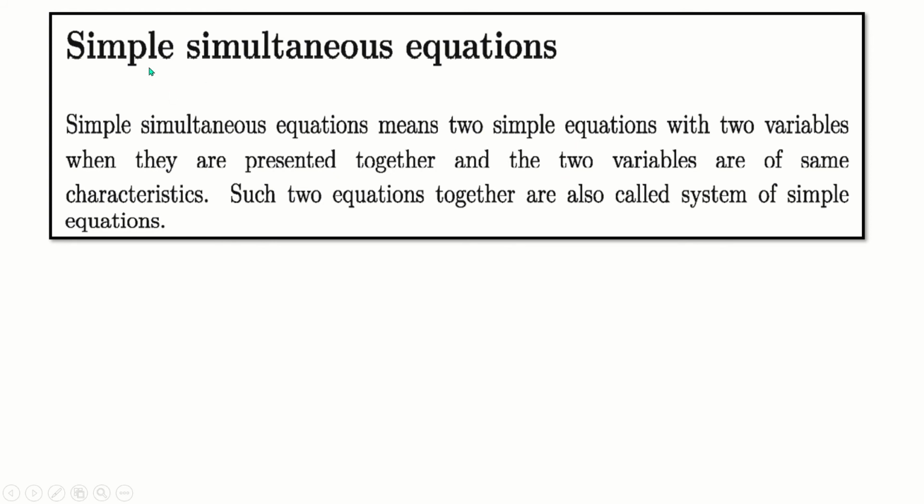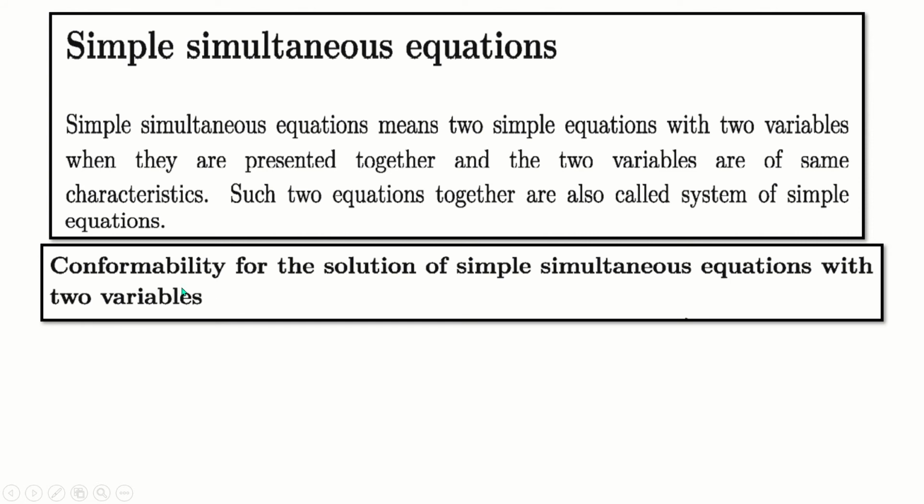And simple means the power of the variable will be 1, and solution or root is a quantity which satisfies the equations. Okay, and most of you may know this definition. Clear?